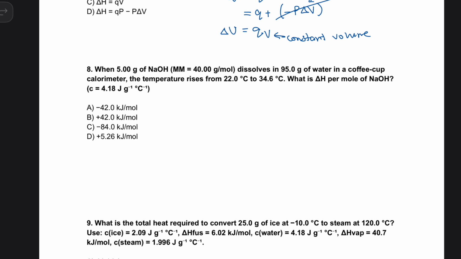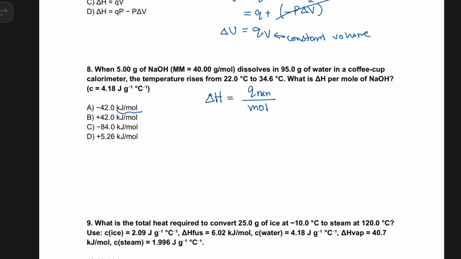So we know delta H is heat of the reaction divided by the moles. And we know this because in all of our options, we can look at it and it's all in kilojoules per mole. So that means our equation should be correct.